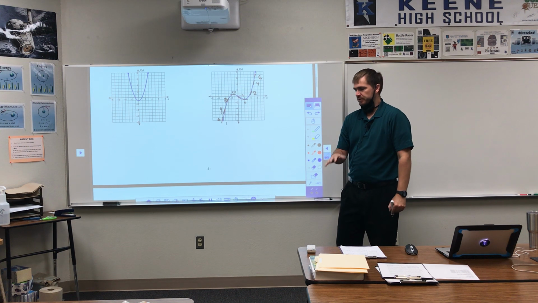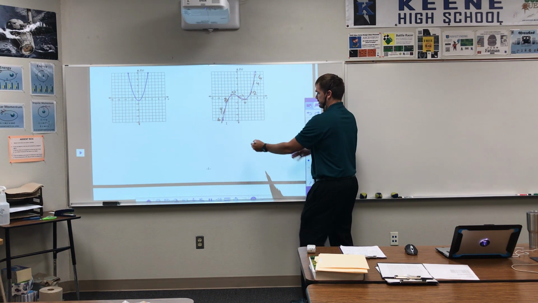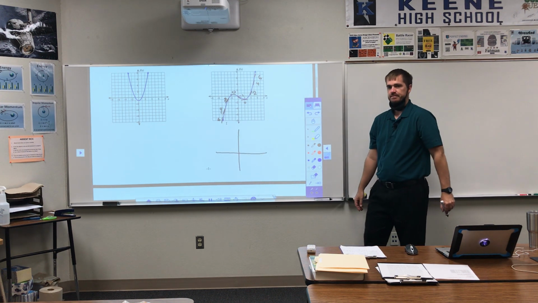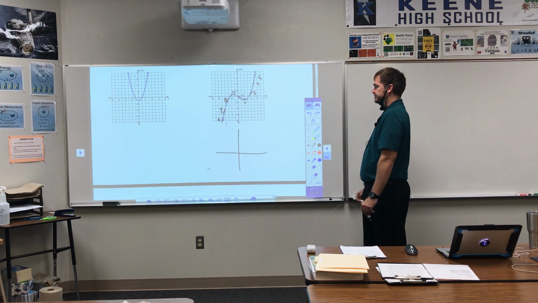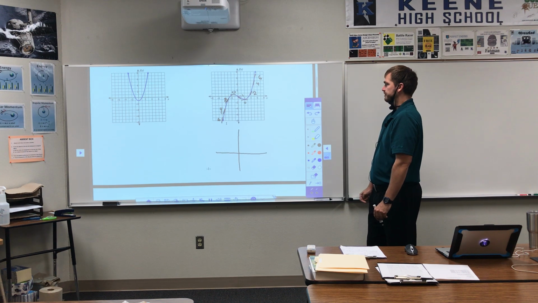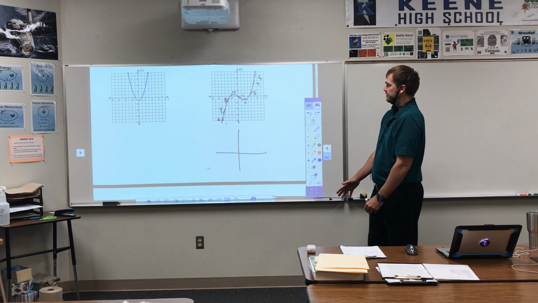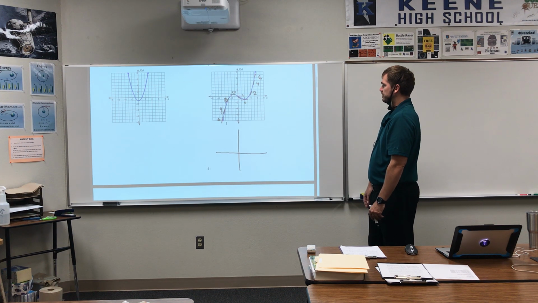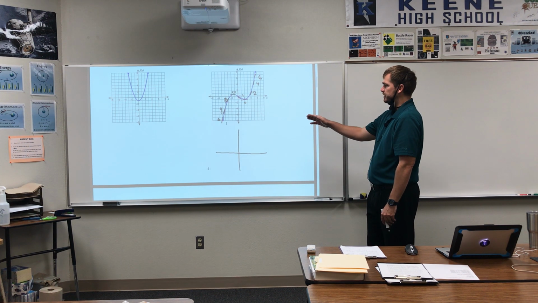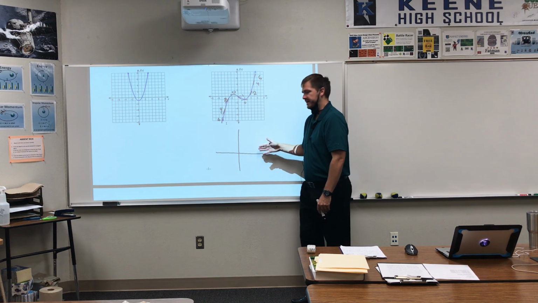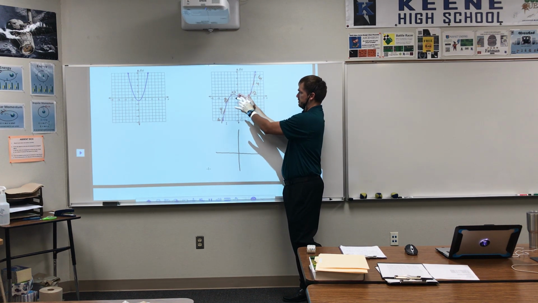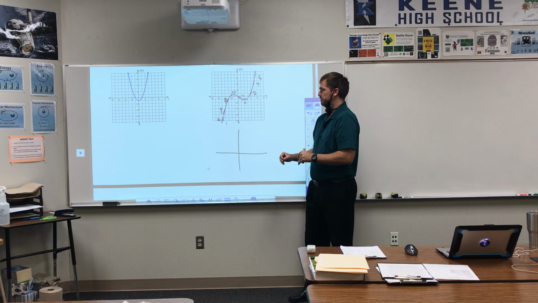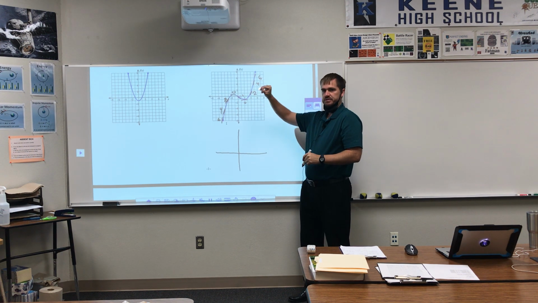And so what I want you to do is underneath this graph, draw another xy axis. And what we're going to do is, at the same x values as this graph up here, plot those slope values. Okay?